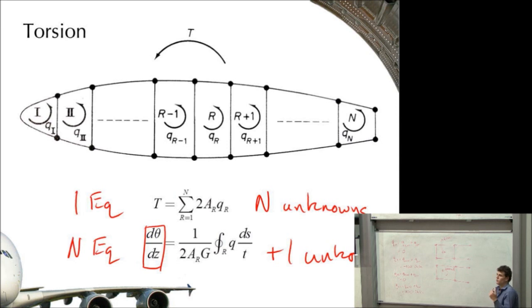We don't know how much it twists, we just know that they all twist the same amount. So we now end up with a system of simultaneous equations where we've got n plus 1 equations and n plus 1 unknowns, and we can solve. In general, that has to be done via a matrix method or some kind of matrix inversion. But for simple problems where we've got 2 cells or 3 cells, we can do it simultaneously by hand. That's not beyond our capabilities.